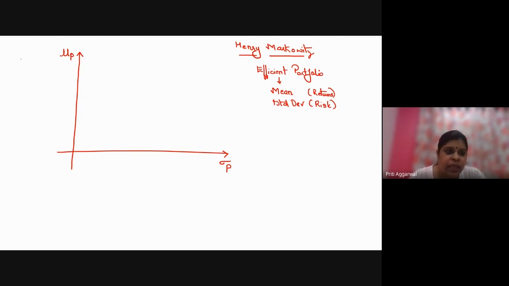Okay, so here I am taking into account the returns of my portfolio, right? And here, let's say we are talking about the risk of my portfolio. So that was the first assumption made in your portfolio optimization theory. Then Markowitz also talked about that with the help of diversification, I will always like to mitigate the risk.